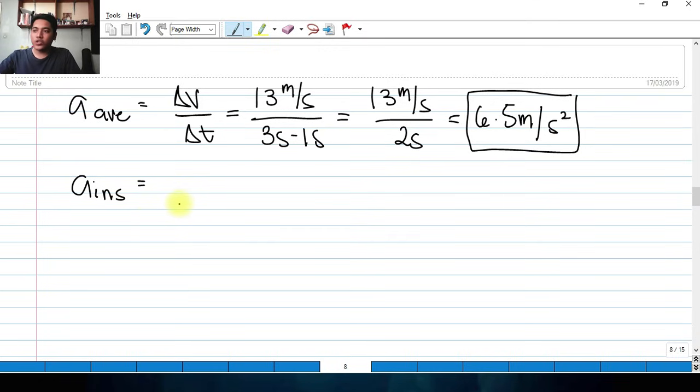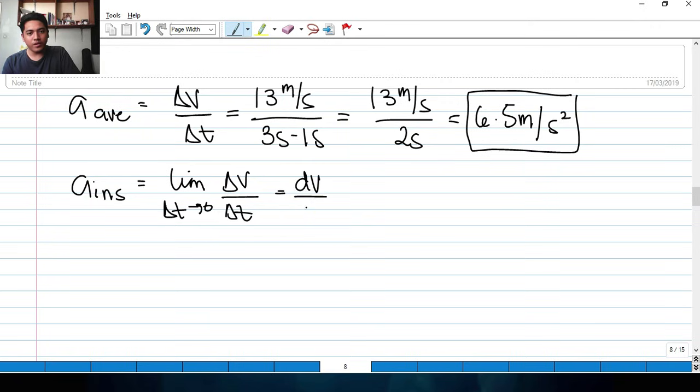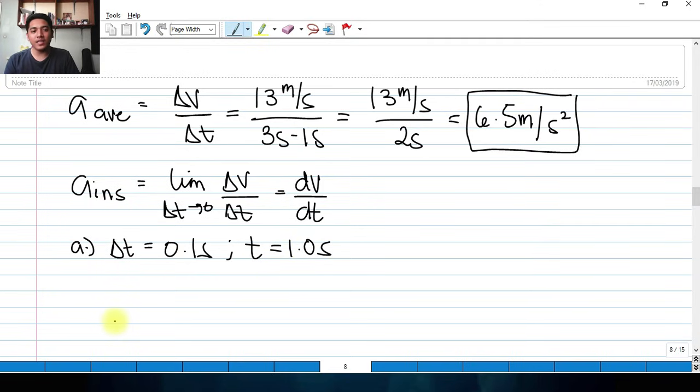But in this case, we shall be computing the instantaneous acceleration, of which the definition is the limit of delta v divided by delta t as delta t approaches 0, or in other words, dv over dt. Okay, so taking delta t as 0.1 second, at time equals 1 second. The problem is asking what is the instantaneous acceleration of the car at time equals 1 second by taking delta t as 0.1 second.